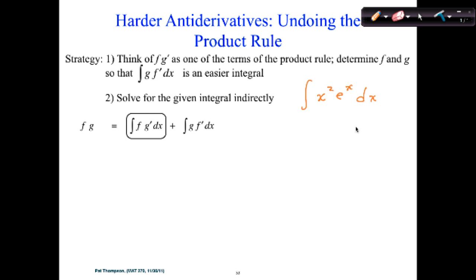We set f equal to x squared, and g prime was e to the x. Then f prime was 2x, and g was e to the x. And then we got the antiderivative of 2x e to the x, right?